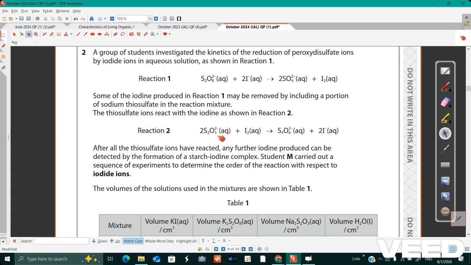So it depends. If S2O8 is the limiting reagent, the moment S2O8 is over, the reaction will stop. The chain will stop. If S2O3 2 minus is the limiting reagent, then the moment its concentration comes to an end, the reaction will stop.